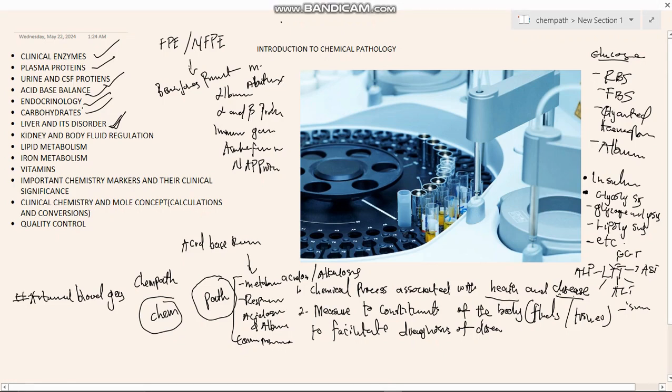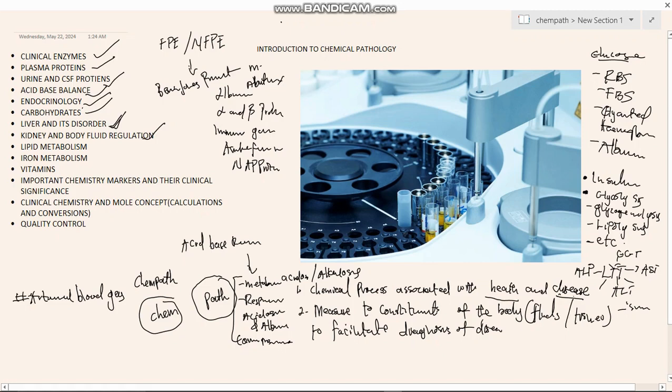Then we'll talk about kidney and body fluid regulation. So here we'll talk about the body fluid compartments. Then we'll talk about hyperkalemia, hypokalemia, and then we'll talk a little about the nephron. So a little bit of nephrology or kidney physiology here. Then we'll talk about the diseases that affect the kidney.